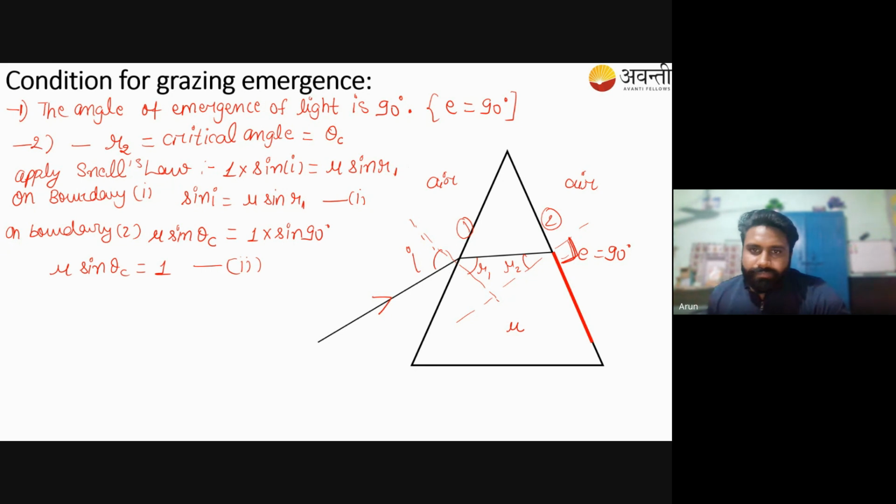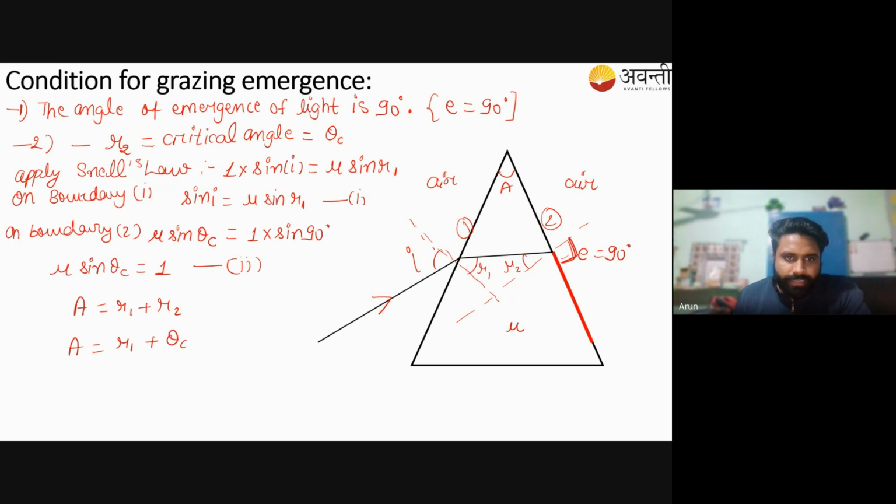We know that A is nothing but R1 plus R2. A is the angle of prism. So from here, we will say that A equals R1 plus R2, where R2 is theta c. So from here, you will say that R1 has a value of A minus theta c.